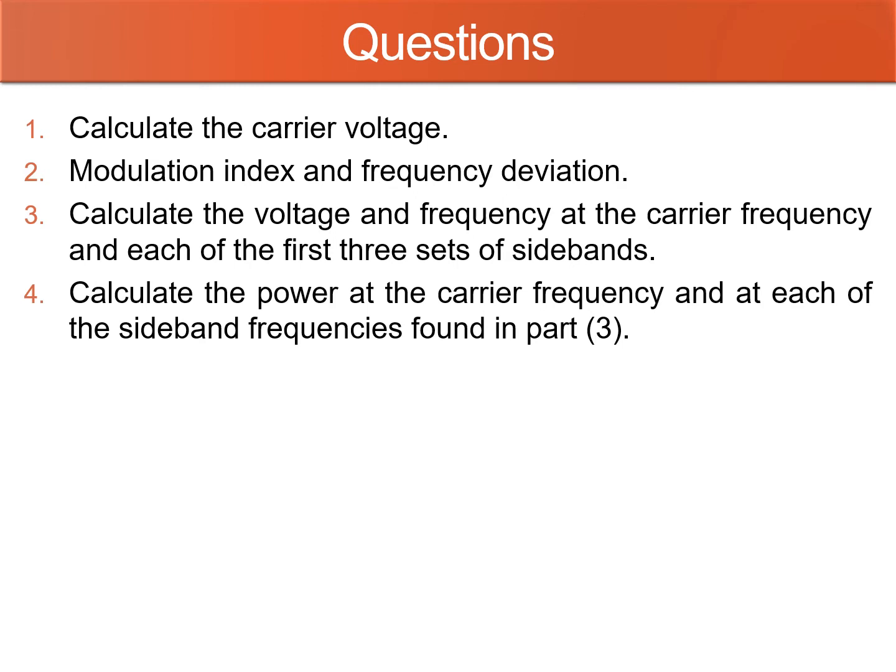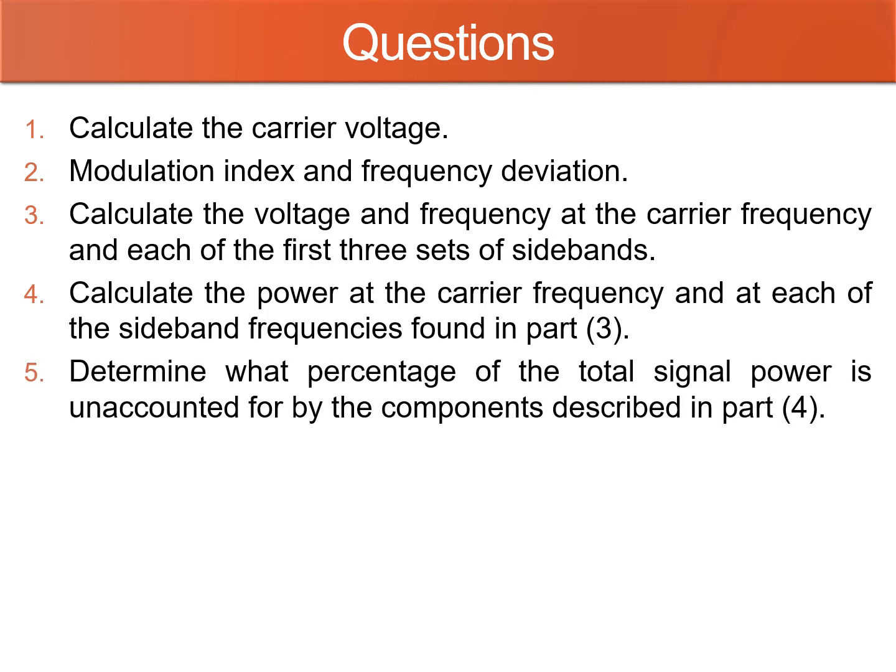Next, calculate the power at the carrier frequency and at each of the sideband frequencies found in part 3. And lastly, determine what percentage of the total signal power is unaccounted for by the components described in part 4. So let's start with the solution, the information given.